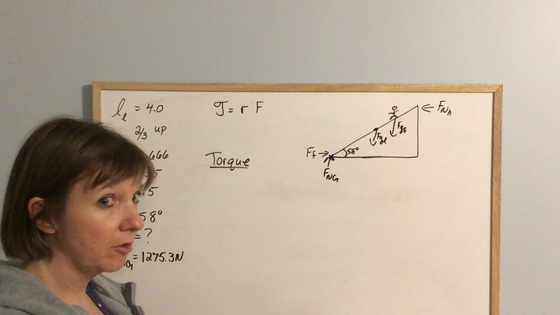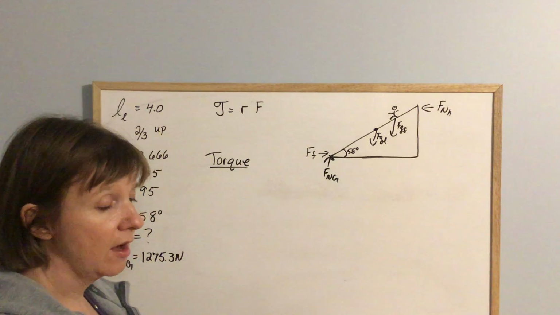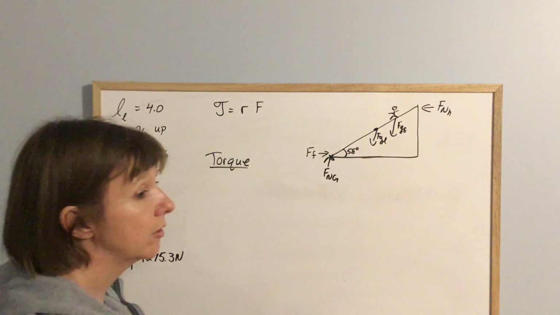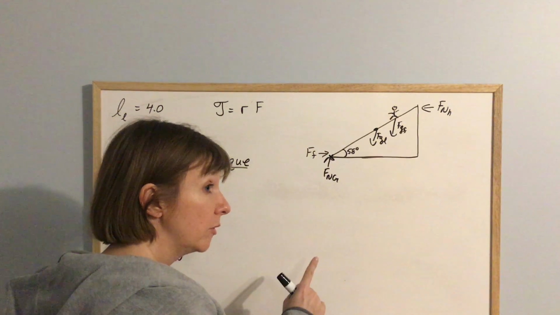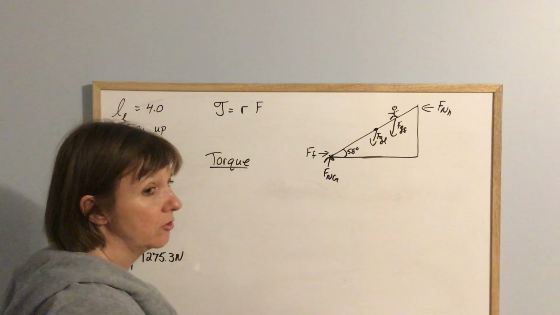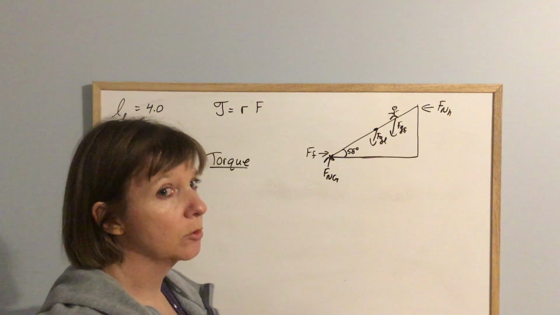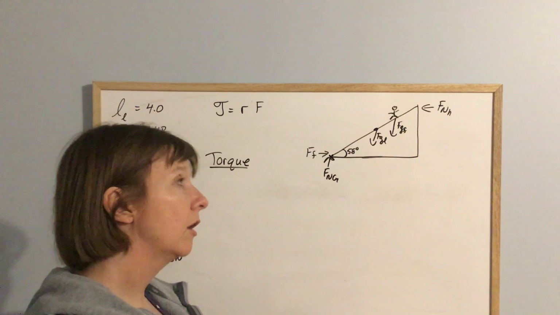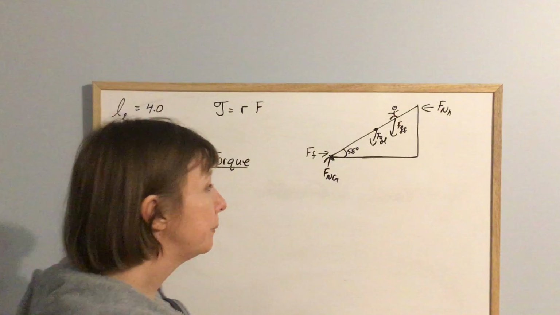We look at them all together. But what we do is we give each one a sign based on whether that force would create a rotation in the clockwise direction or the counterclockwise direction. Clockwise direction means that the torque would be negative. Counterclockwise direction means that the torque would be positive.